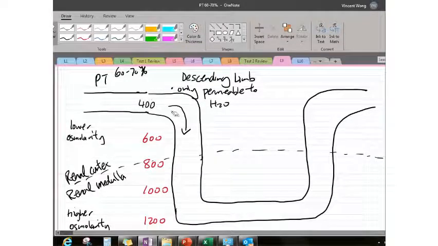When the 400 unit filtrate comes down the descending limb, and we compare that to the 600 unit outside, the water from the filtrate will be reabsorbed. So the water will briefly come out into the kidney's tissue, and then right away it will go into the peritubular capillaries.